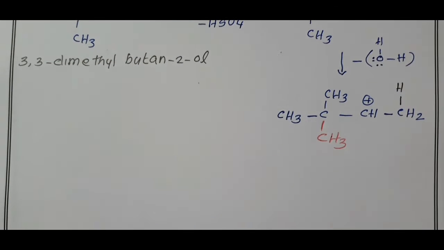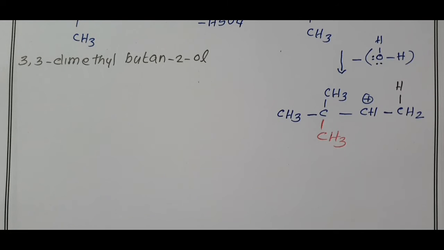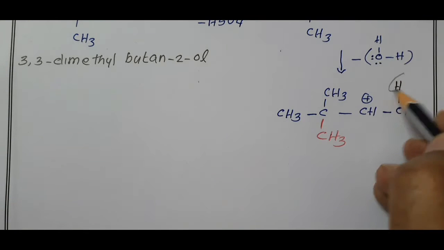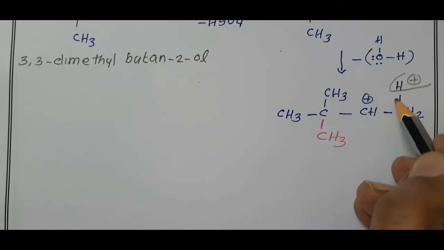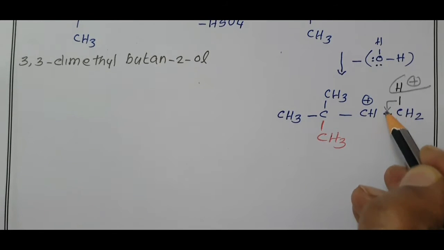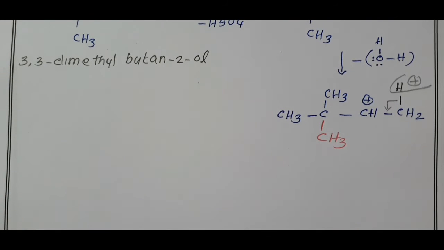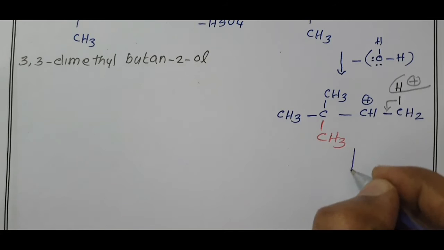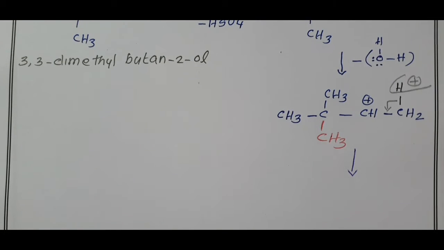That hydrogen, if it is removed as H plus, the bond between carbon and hydrogen shifts between the alpha and beta carbon atoms and gives an alkene. Now I write the molecular formula for the alkene.